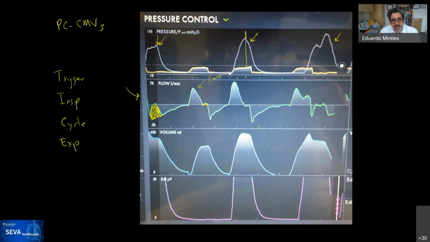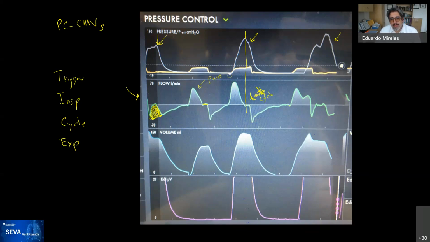And if you go down, the PMOS ends and the patient, so this would definitely be a late cycle. Then the patient relaxes, there's no activity.